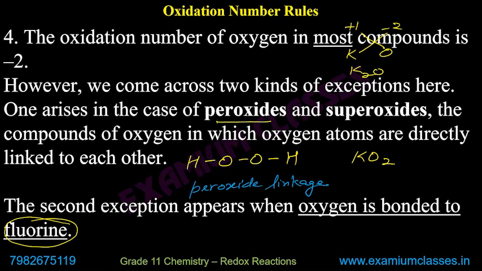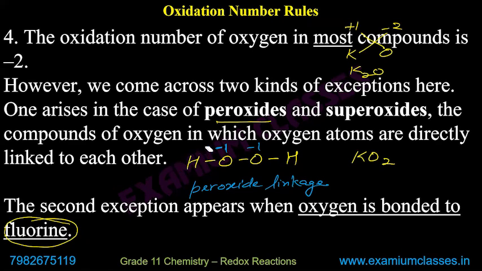In peroxides, oxygen has -1 oxidation state. Now broadly, how can you understand it? Oxidation state is always on the basis of transfer of electrons. How many electrons can it give to hydrogen? One only.